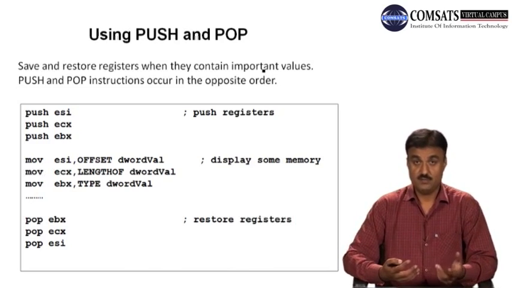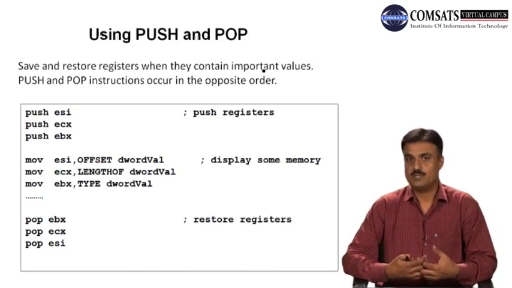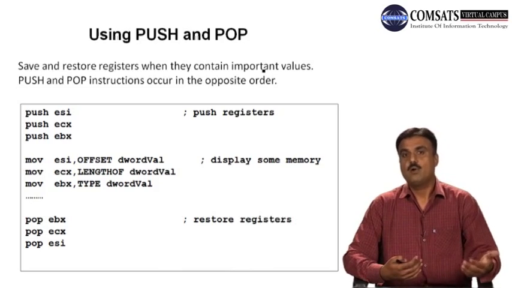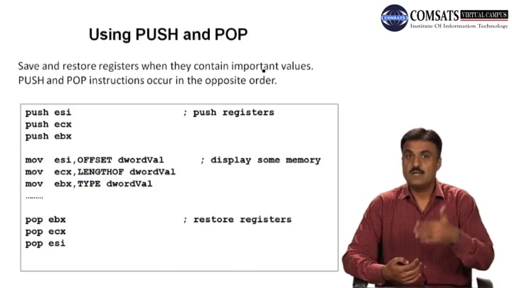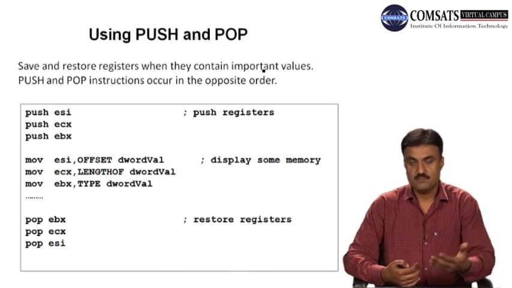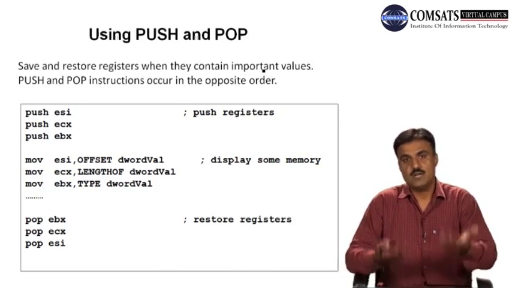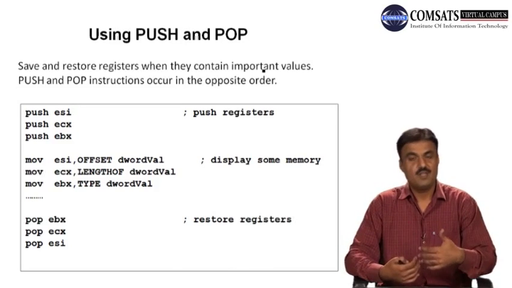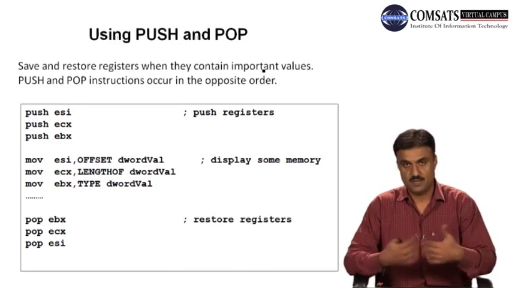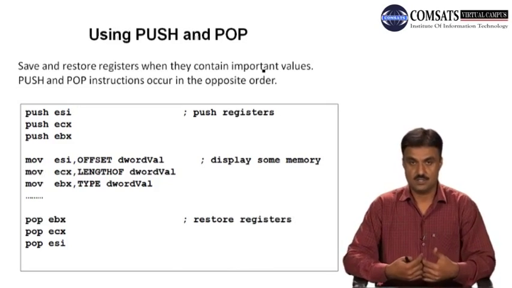All these registers are being used inside the procedure, and before we call a procedure we save most of the registers which hold important information. When we return from the procedure, we pop all those and restore all those registers.